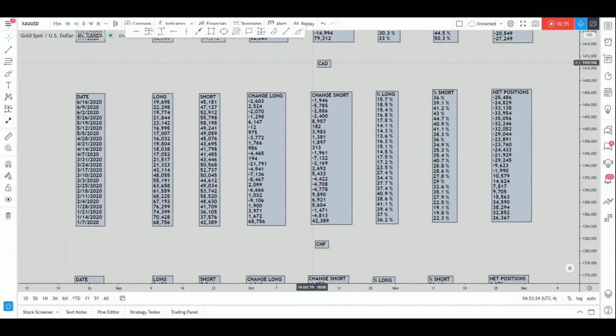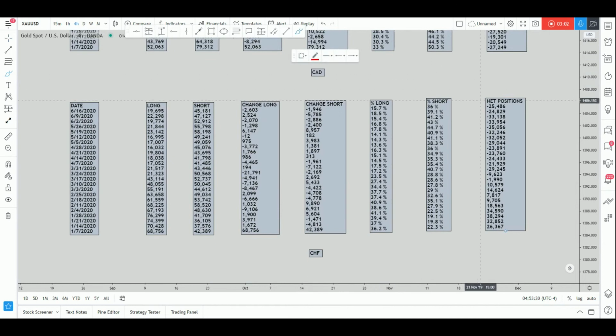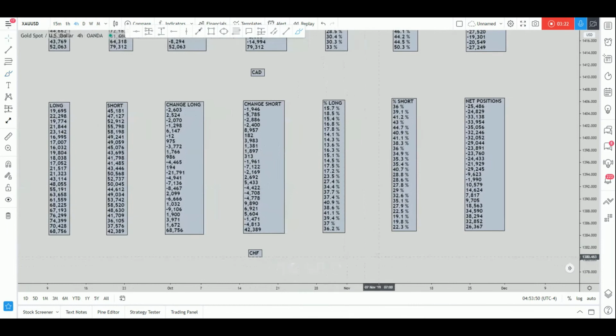If we check what is going on from a CAD perspective, currently on the CAD we are sitting with minus 25k net positions from the positive 38k that we had here. So basically we went from having way more longs than shorts on the CAD to having way more shorts than longs. So definitely the CAD has been getting weaker.